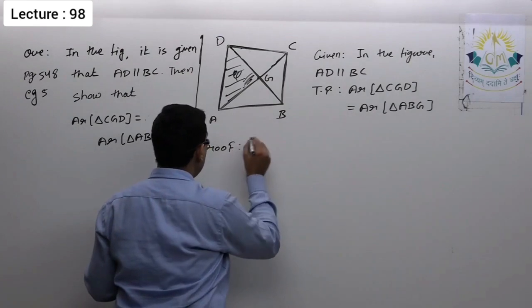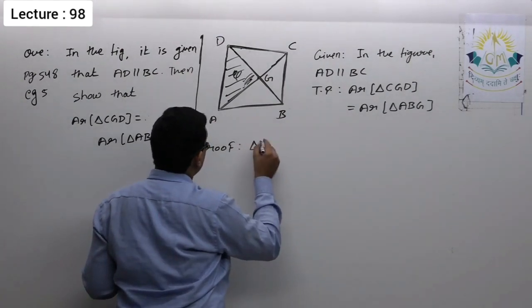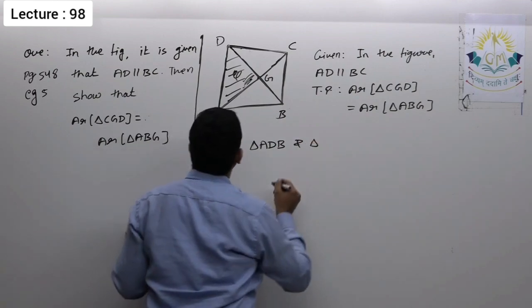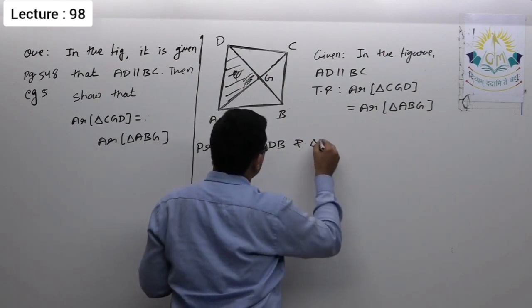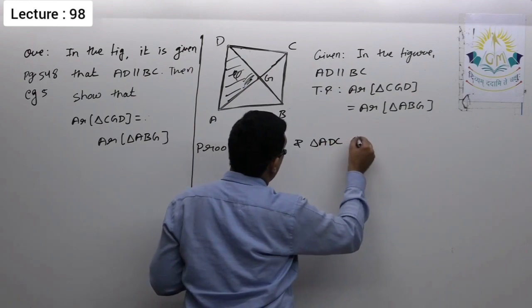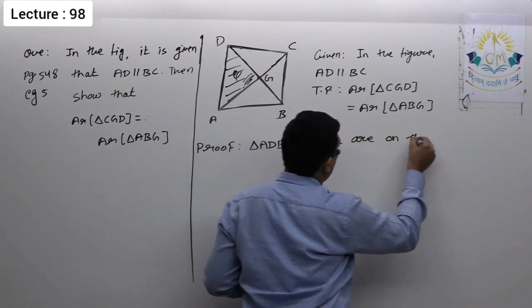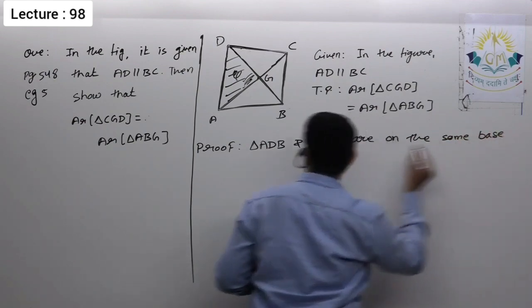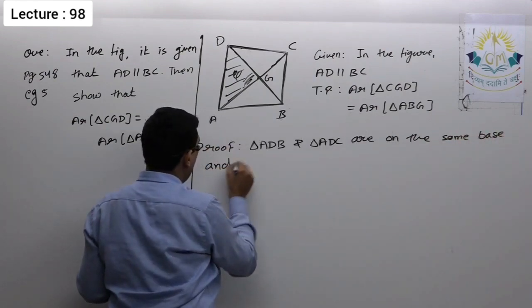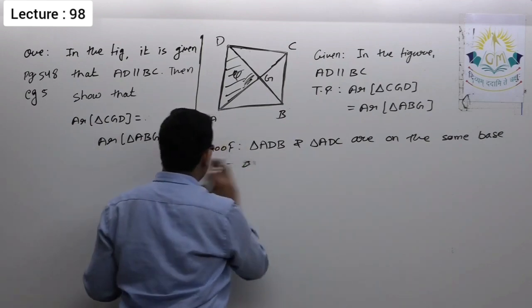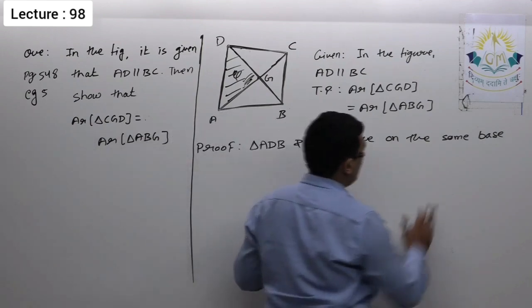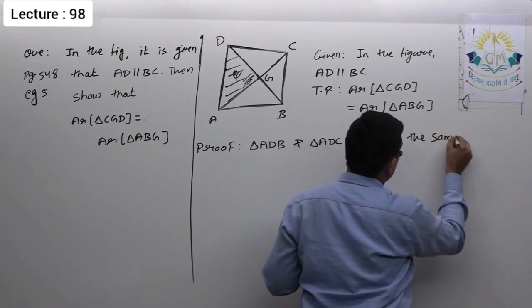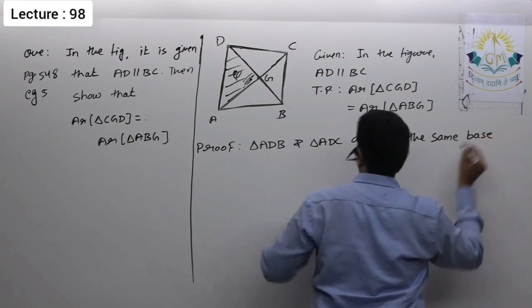So triangle ADB and triangle ADC are on the same base. Here it is advised to write what the same base is: AD.